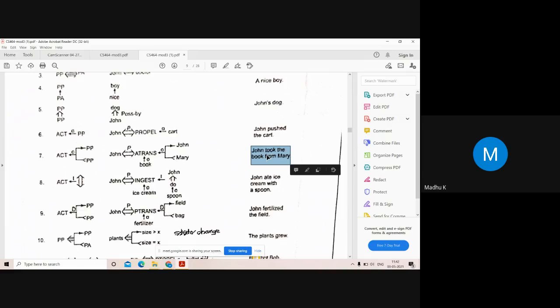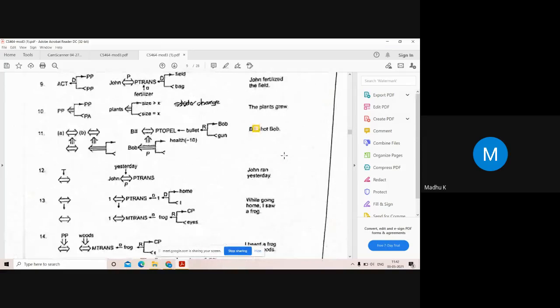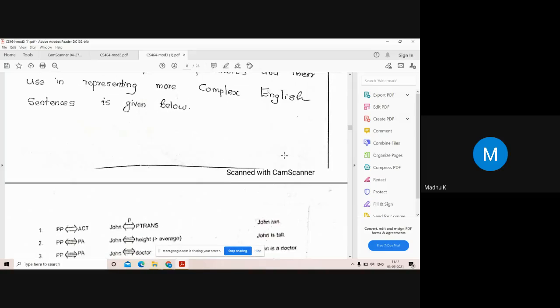Then you should represent it in conceptual dependency format, semantic network format, predicate calculus format, and so on. This type of question they will ask in the examination. So this is about conceptual dependency, and there are 14 rules. You should use these rules wisely.